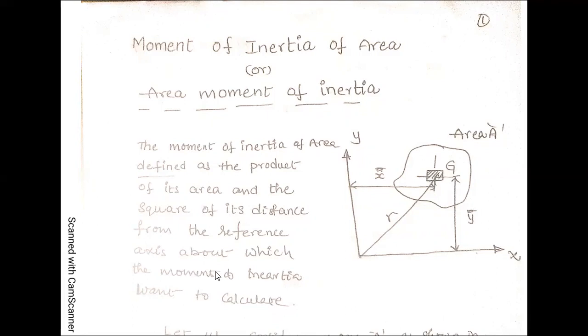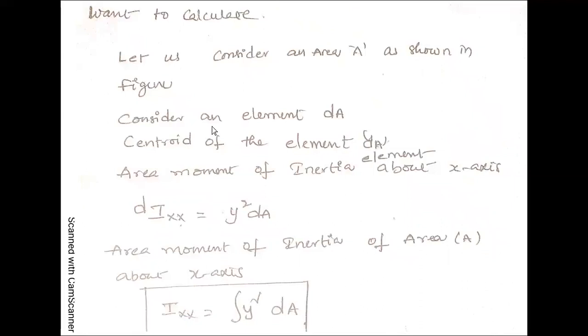Here we can write the elemental area is dA, and the moment of inertia of this element about the x-axis, that is the horizontal axis, dIxx, is equal to distance square into area.